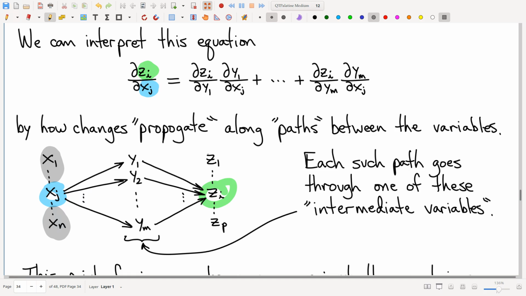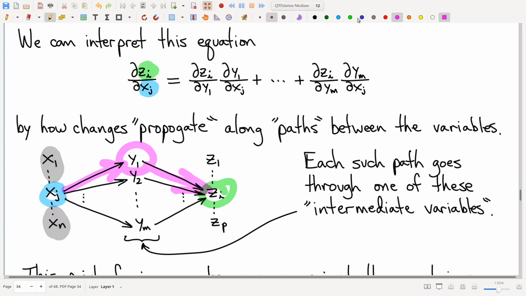And the short version is, well, look, when you change xj, that's going to cause y1 to change. And the act of y1 changing all on its own by itself will cause, to some extent, Zi to change.